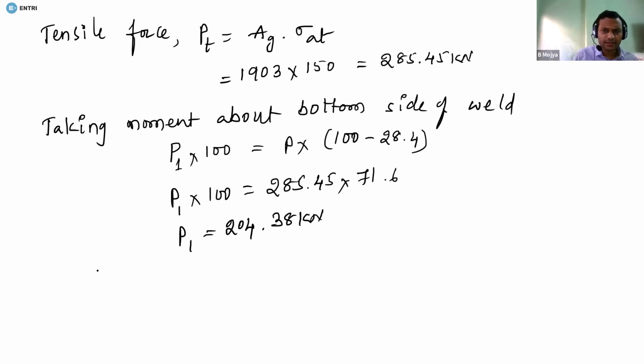So we know that the shear strength of weld P_s is equal to L_w into throat thickness into tau_vf.